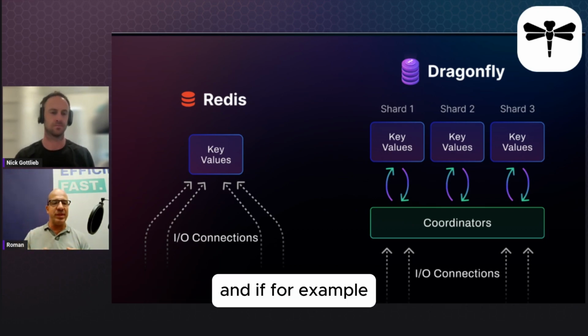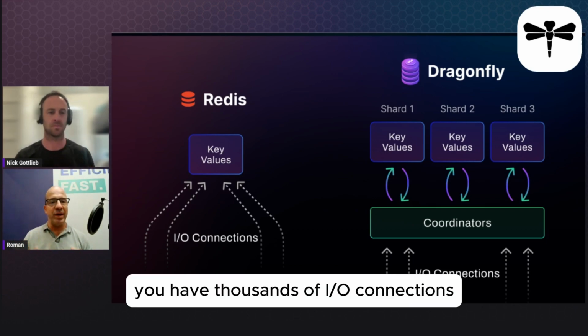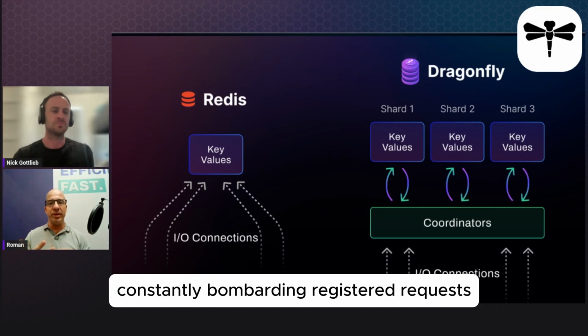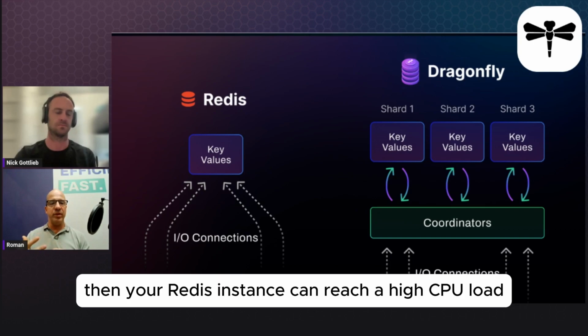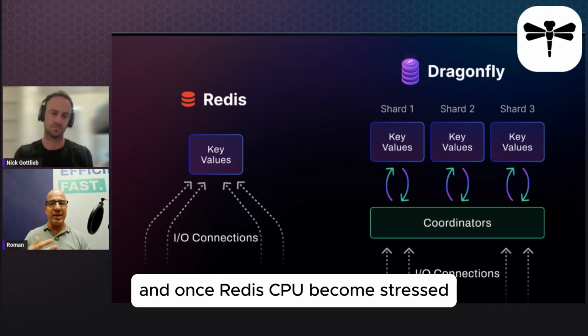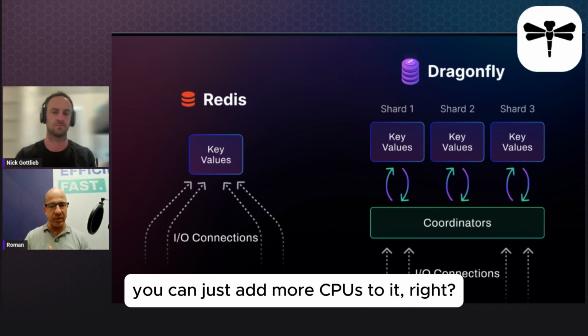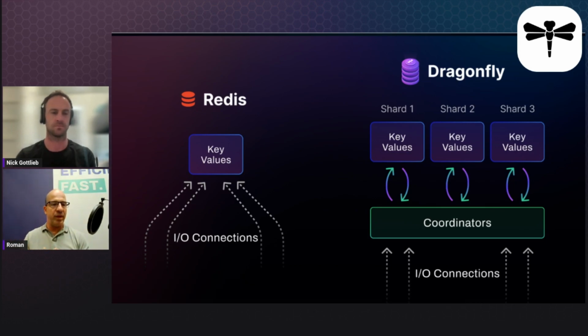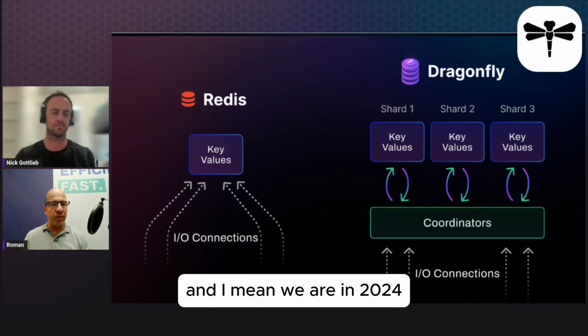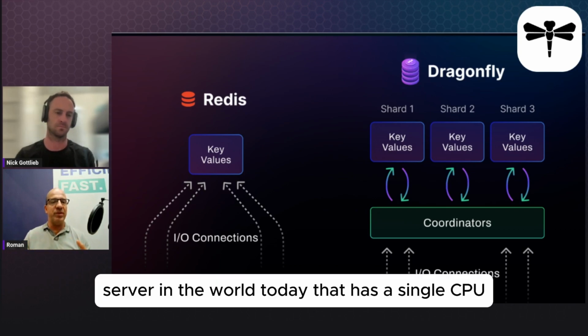And if, for example, you have thousands of I/O connections constantly bombarding Redis with requests, or you have relatively heavy CPU operations, then your Redis instance can reach a high CPU load. And once Redis CPU becomes stressed, you can't just add more CPUs to it. Even if your machine has plenty of them, and we are in 2024, there is no server in the world today that has a single CPU.